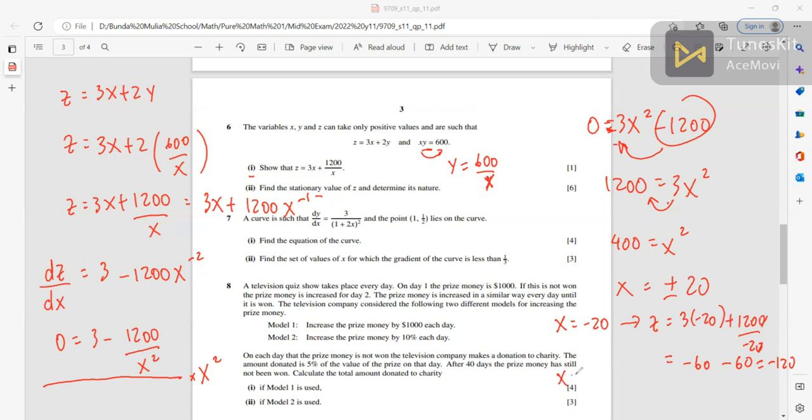And when x equals 20, the z will be 3 times 20 plus 1200 over 20, so z equals 120. But we have to read it carefully. It can take only positive, so for this one, we just ignore it. So we have x equals 20, z equals 120.